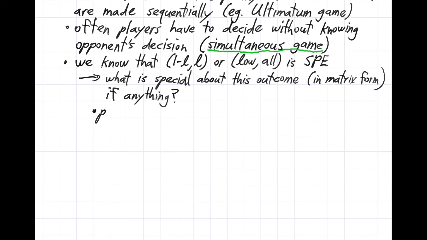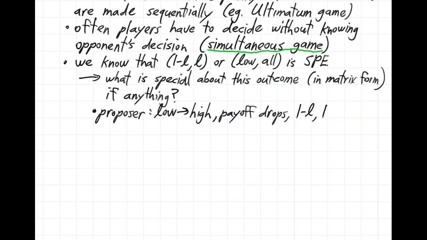If they switch their strategy from low to high, then their own payoff or utility drops. It goes from 1 minus L, which is good, to 1 minus H, which is not as good. So the proposer has no incentive to switch.